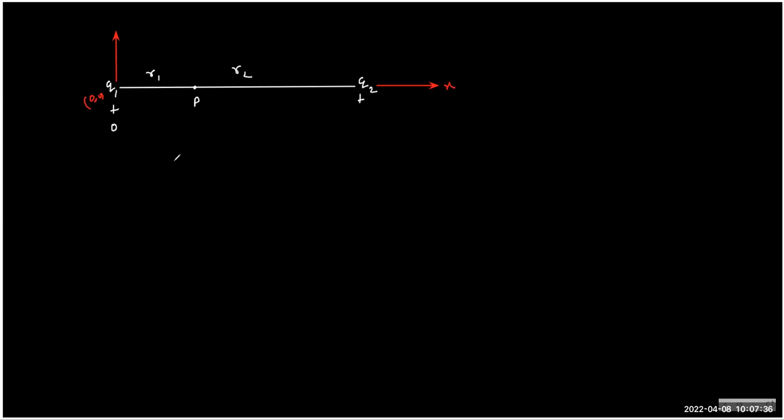So what you can write is, if D is the separation, the coordinate of Q2 will be D, 0, right?